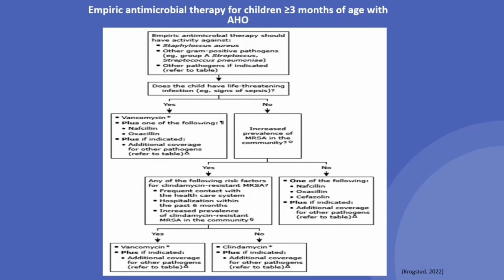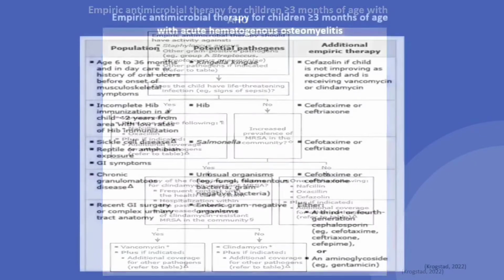If the answer is yes to the question of risk factors for clindamycin-resistant MRSA, then the empiric therapy should include vancomycin plus additional coverage for other pathogens. If no, empiric therapy includes clindamycin plus, if indicated, additional coverage for other pathogens.